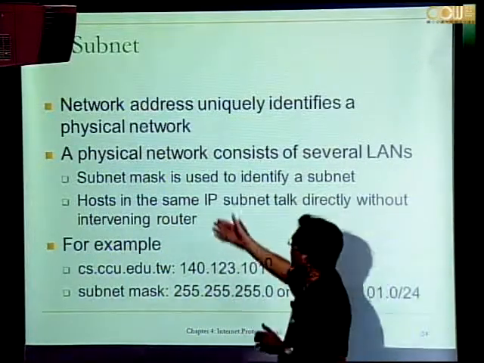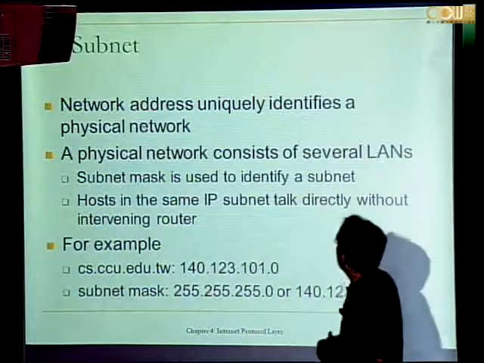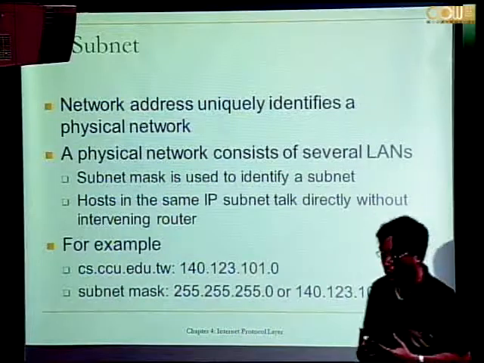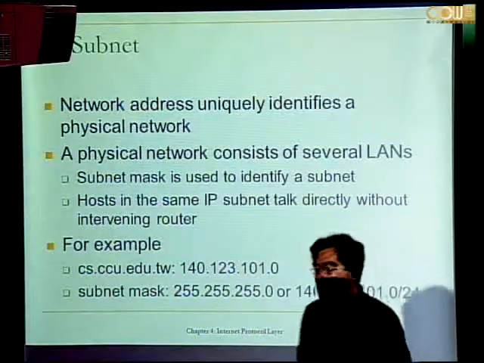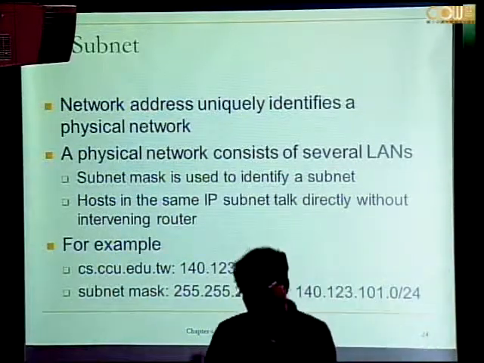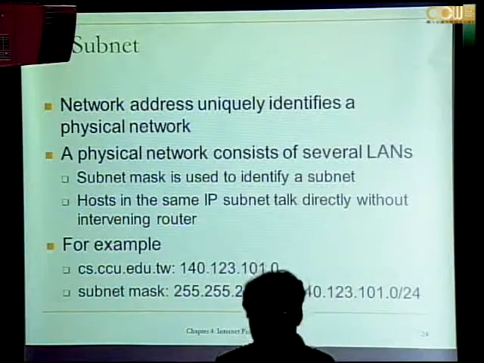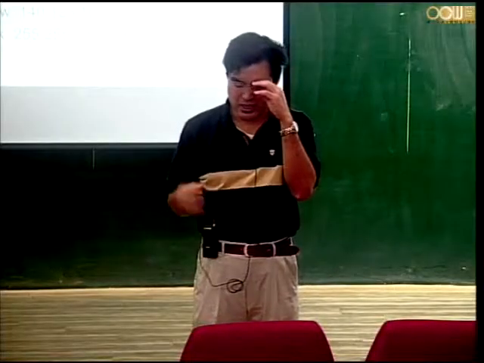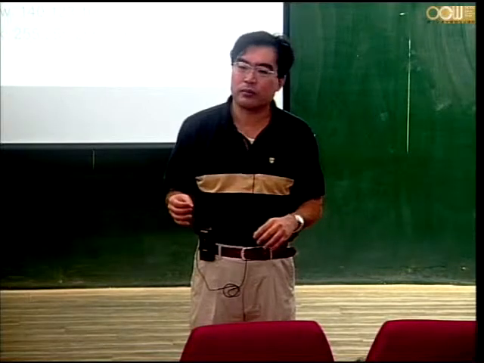And hosts within the same subnet would talk to each other without intervening the router. Since they are in the same broadcast domain, they can talk to each other directly. They can send broadcast frames.